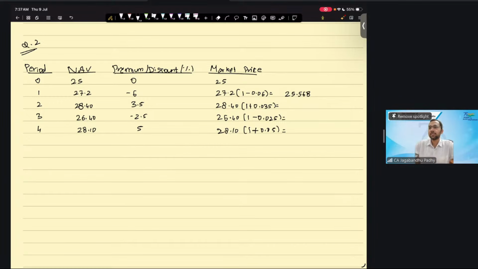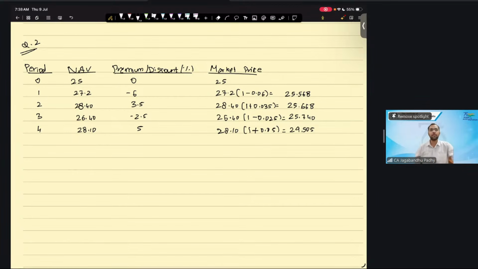Second is 25.668. Third one, 25.74, and fourth year market price is 29.505. Okay, these are the market prices.